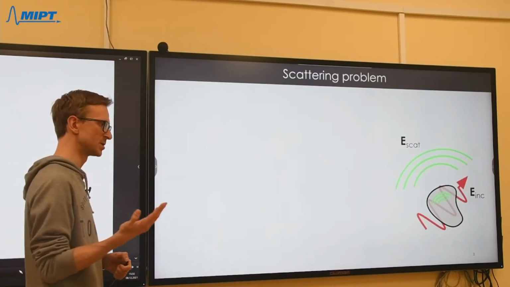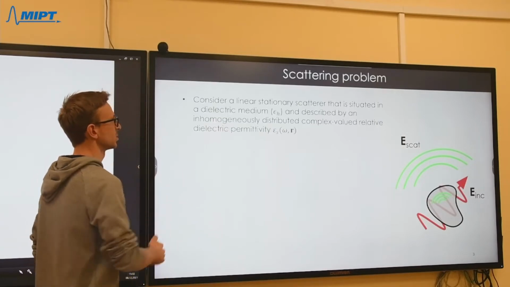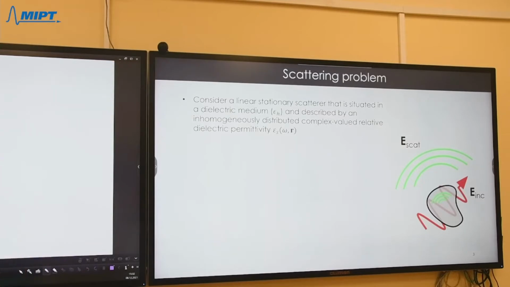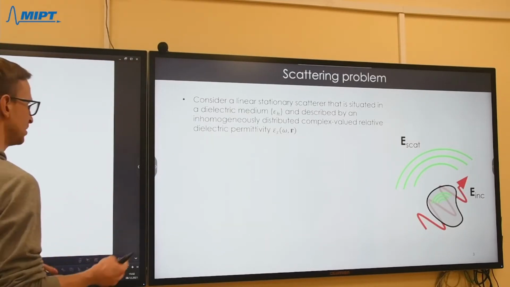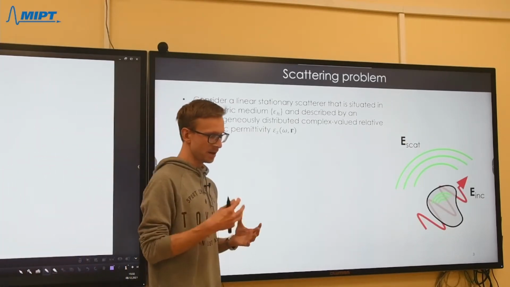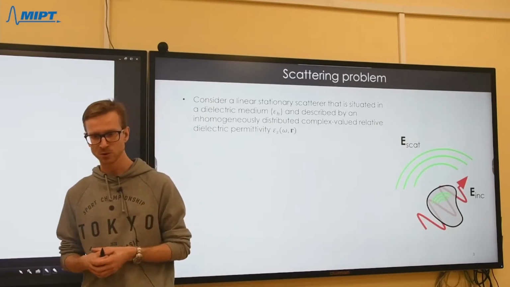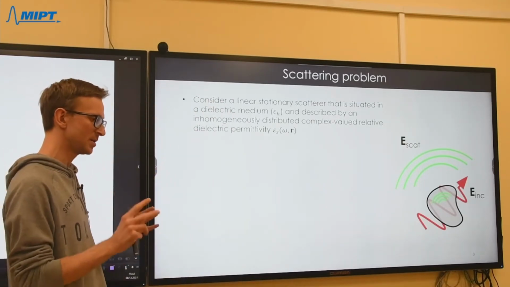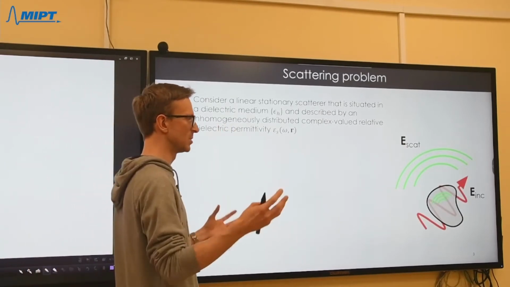Let's formulate the scattering problem itself. We're going to be considering a linear object, a scatterer, something that can be a film, an interface, a sphere, a dielectric rod, some kind of a cluster of particles, anything that is different from the homogeneous environment.